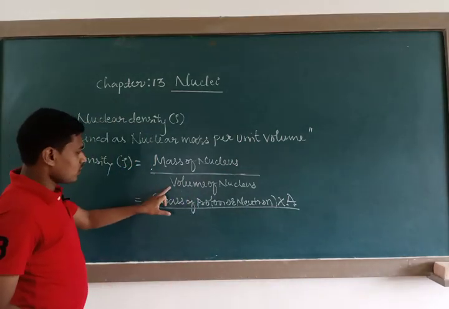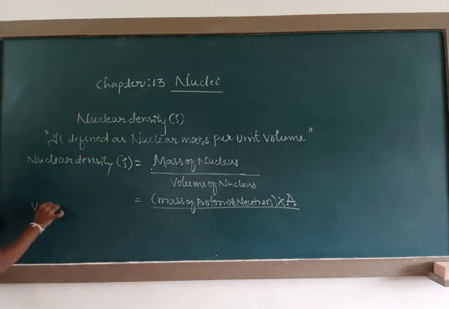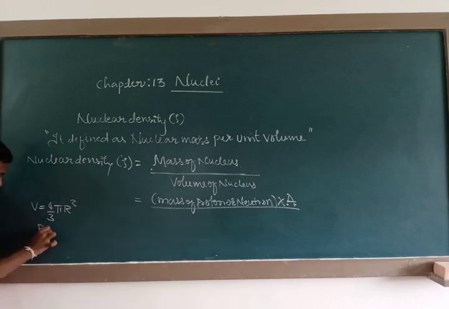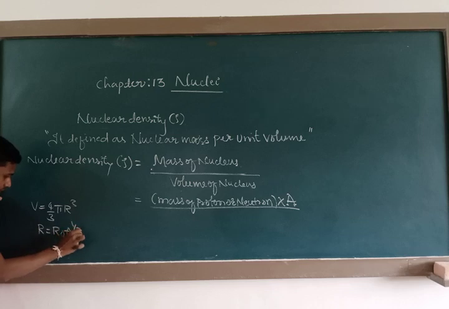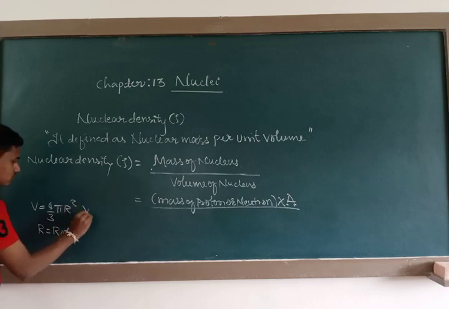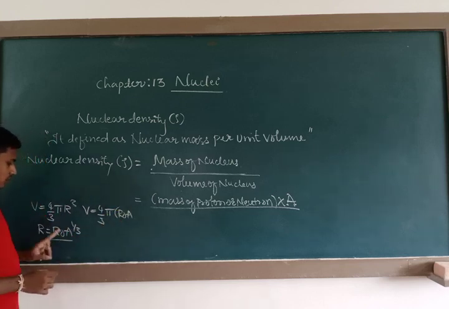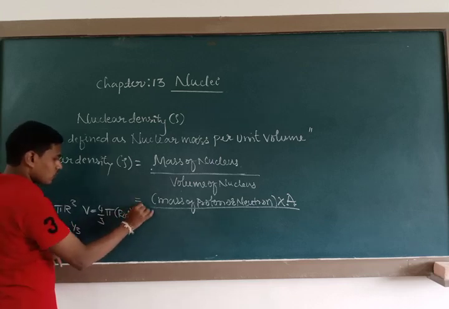Now the volume of the nucleus. Listen here, the volume of the nucleus is 4 by 3 pi r cube, where r is the radius of the nucleus. And we know that r is equal to r naught A to the power of 1 by 3. So in place of r, if I substitute r naught A to the power of 1 by 3, V is equal to 4 by 3 pi, r naught A power 1 by 3, its whole cube.